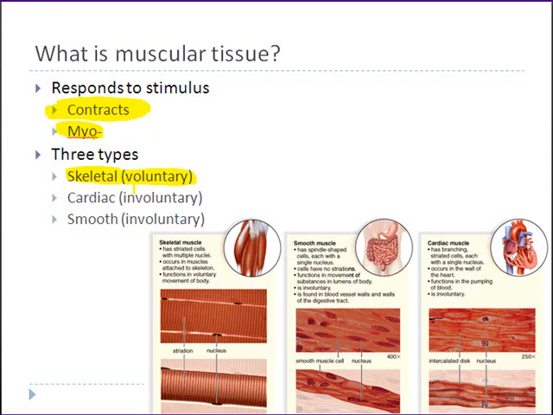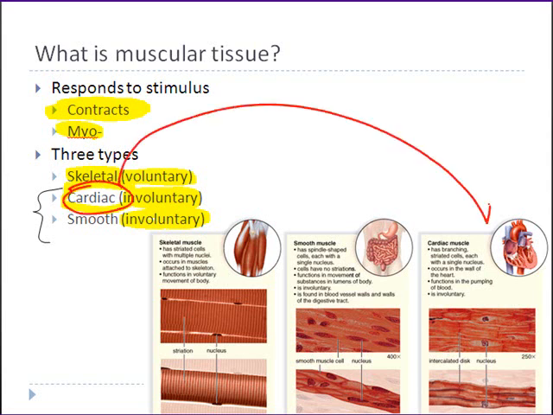By comparison, the other two types of muscular tissue are both what we call involuntary muscle tissue, which means we do not have to consciously think about contracting them in order for them to contract. And these two classes include cardiac muscle tissue, which is found in only one place in the body, and that is the heart. And a good thing, too, that it's not voluntary, because otherwise we would never be able to fall asleep, because once we fell asleep, we wouldn't be able to think about beating our heart.